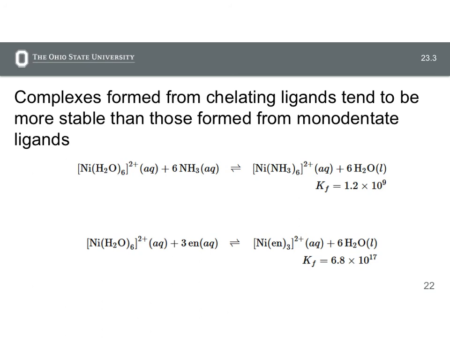Okay, well, I'm going to talk a little bit about this. Complexes that form with chelating ligands, so that's the bidentate or the polydentate, they tend to form more stable complexes than those formed from monodentate ligands. And you can do ligand exchange because of this. So here's a nickel complex with water.